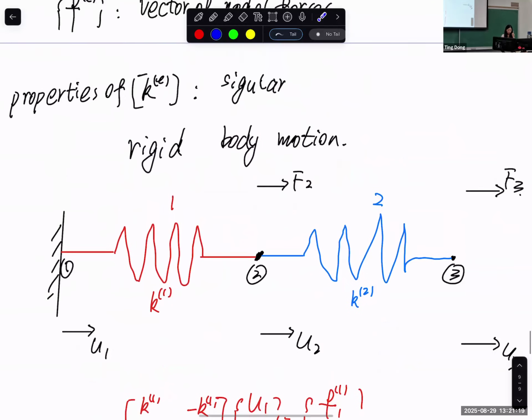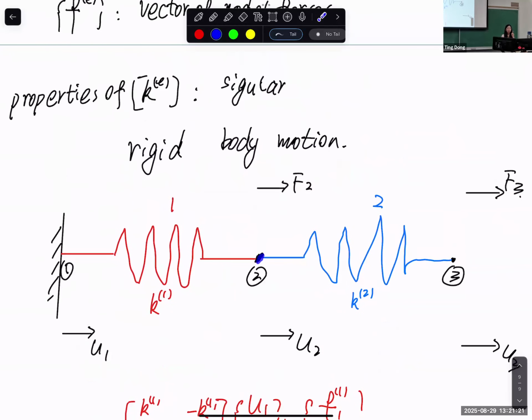So if we do the force equilibrium of this node, the external applied force at node 2 should be equal to the force applied by element 1 to node 2 and the force applied by element 2 to node 2. These two should make sense or not?